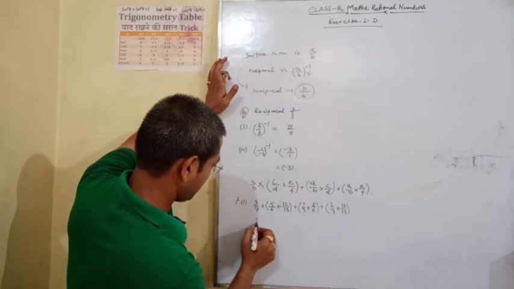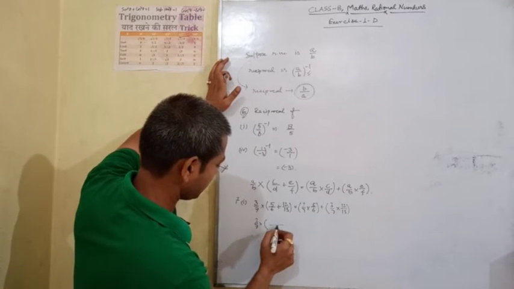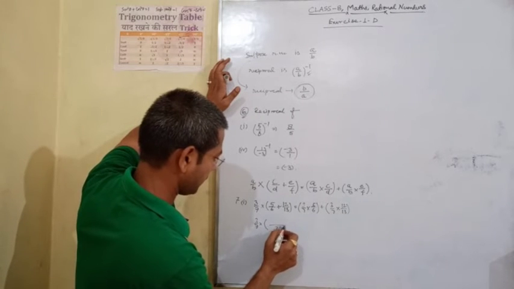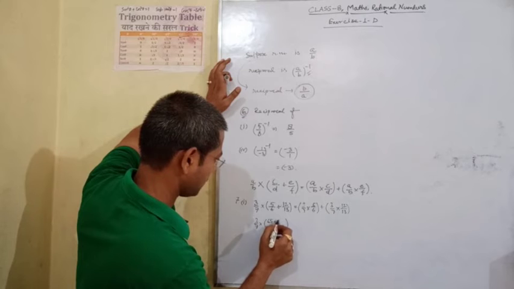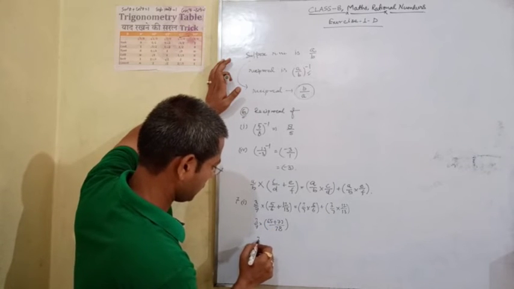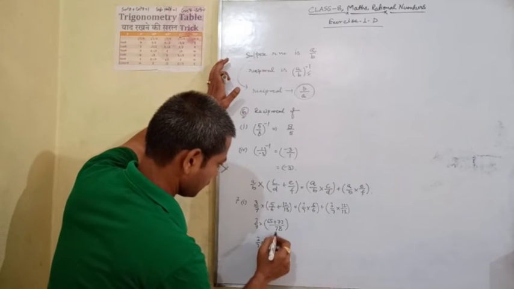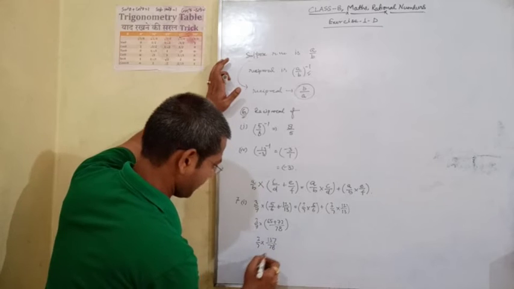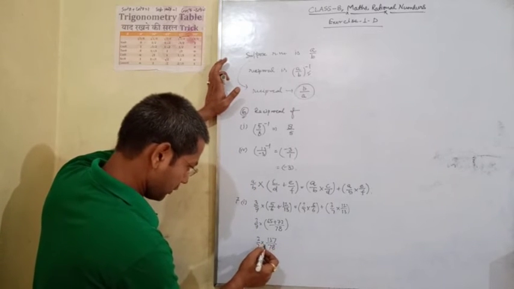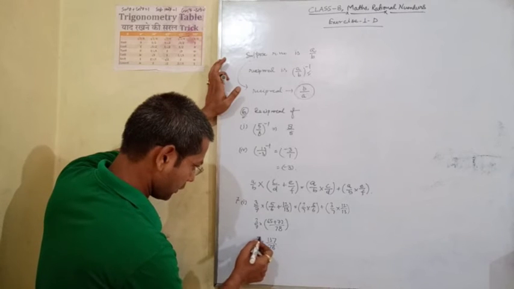It is 3 upon 7 multiplied, we will take the LCM, 78, it is 65 plus 72. 3 upon 7 multiplied by 5 upon 6 plus 7 upon 13 upon 78. There will be no cancellation at all. 3 6 are 18, 3 2 6, we cancel this.